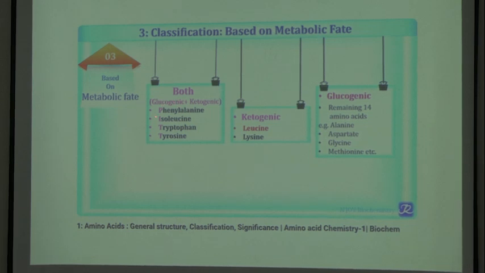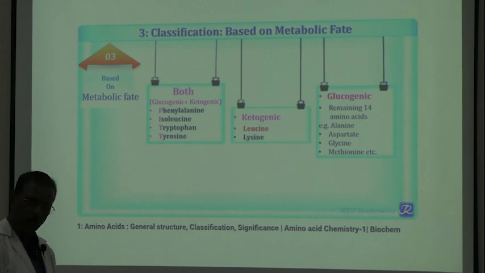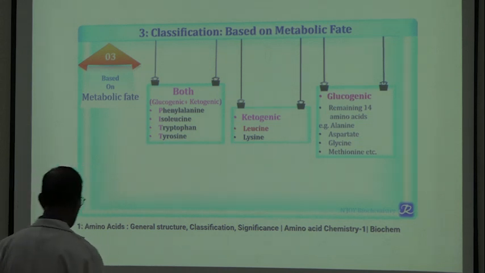These are phenylalanine, isoleucine, tryptophan, tyrosine. You can remember by the mnemonic PITT, P-I-T-T, or you can develop your own. The carbon skeleton of these amino acids can go for glucose synthesis and also lipid synthesis.